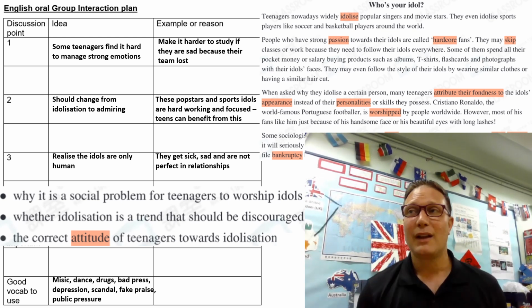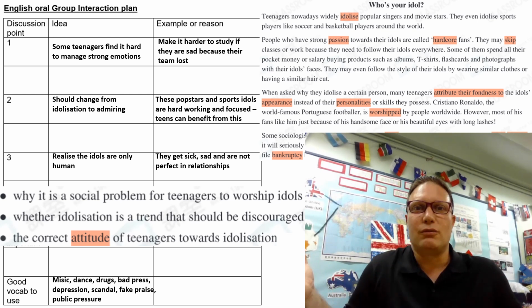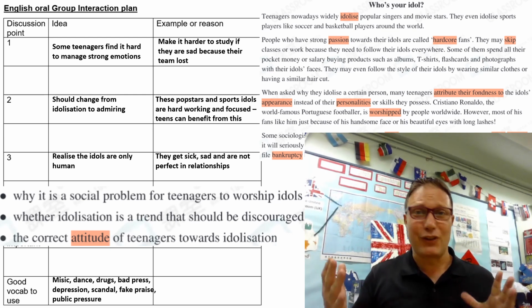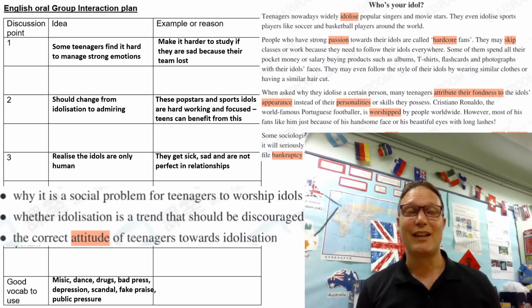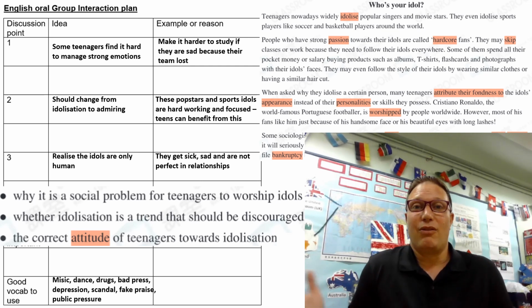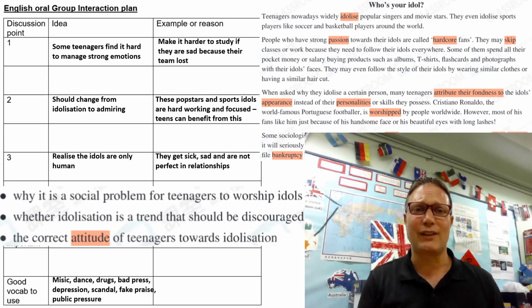Why at least 2? Say you only have one idea, and you're in a group of 3 or 4, and somebody says your idea. What are you going to do? Just say, I agree with you. Well, of course you agree, because there is nothing else for you to say. And if they've said your example or a reason, then I agree with your idea and I agree with your example or reason.